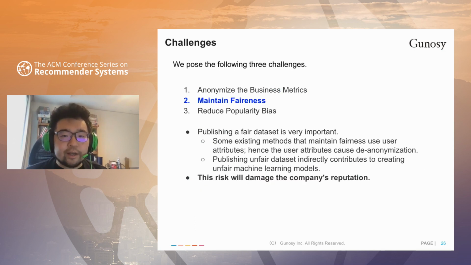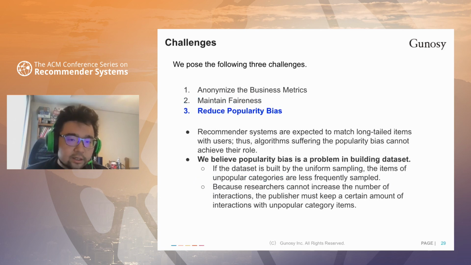The second challenge is to maintain fairness. Recently, fairness is an important topic in machine learning. Publishing an unfair dataset indirectly contributes to creating unfair machine learning models. We assume publishing a fair dataset is very important for company reputation. The third challenge is to reduce popularity bias.